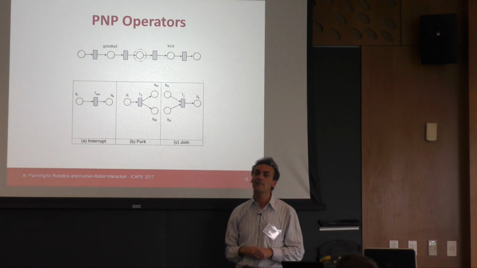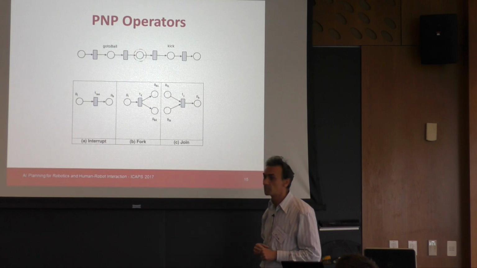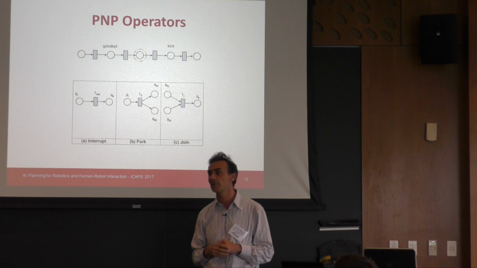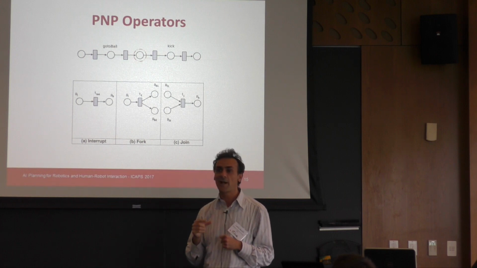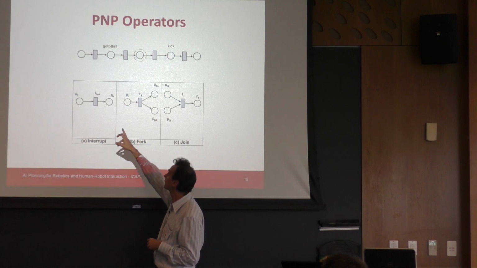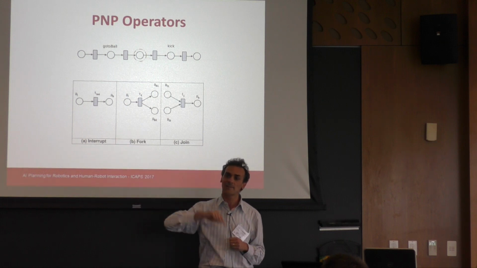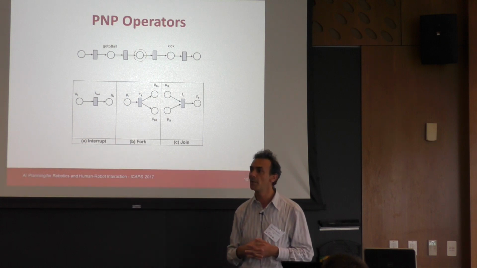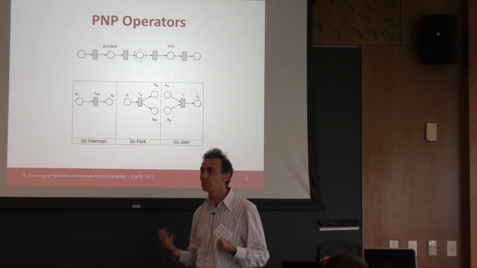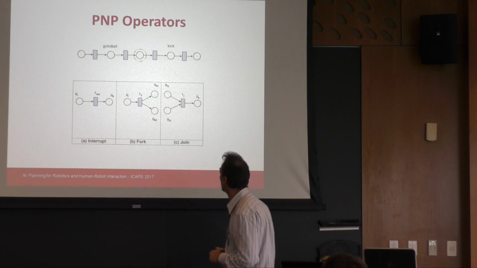Then you have the interrupt operator, applied to the execution place of an action. It checks a condition, and if the condition is true during the execution of the action, then you have a transition to exit this action. This is useful to denote situations in which you want the action to be interrupted because some event occurred.